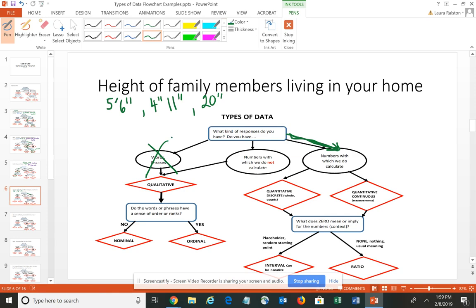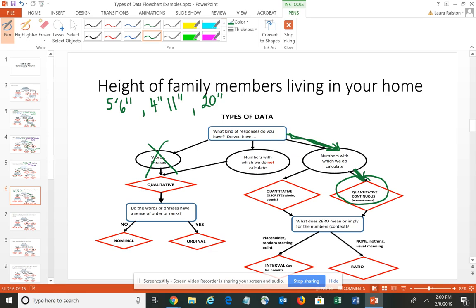Well, we're getting 5 feet, 6 inches. So you're getting parts of a foot, part of an inch, if it were small. So that's a measurement, which means it's going to be continuous. Anytime you're using some sort of measuring tool, you're going to have continuous, because you could have parts of a unit.